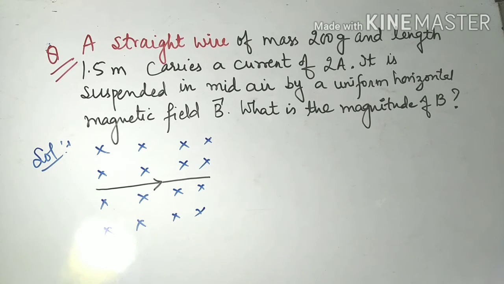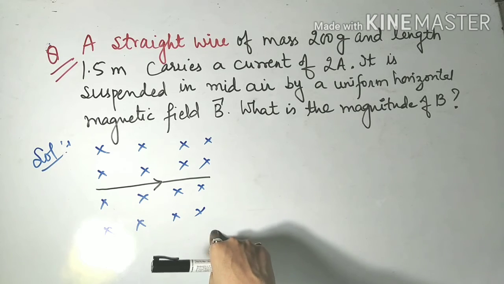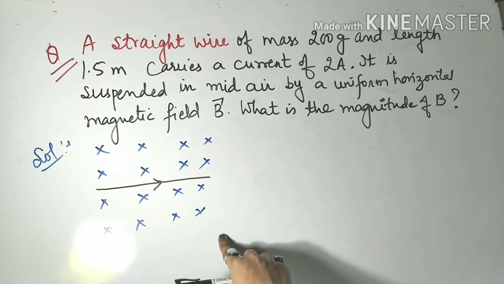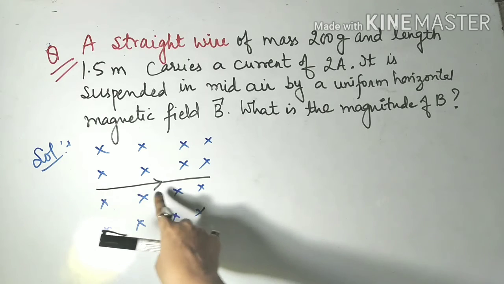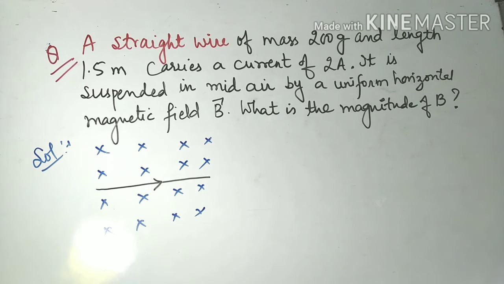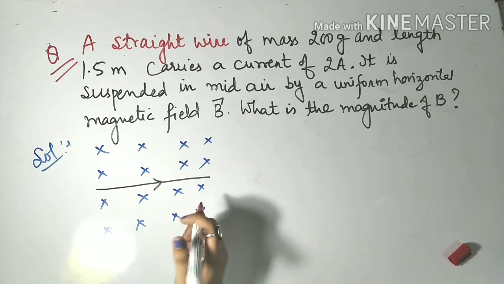Okay, so you know that if we are going to apply Fleming's left hand rule, the magnetic field must act perpendicular into the plane of the paper. So that is the reason that I have drawn this magnetic field inside, and a wire is here. So what kind of force is going to act on this particular wire? So you know that we have two kinds of forces acting here.